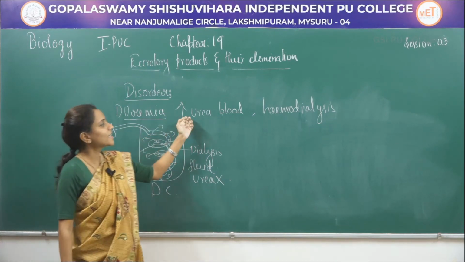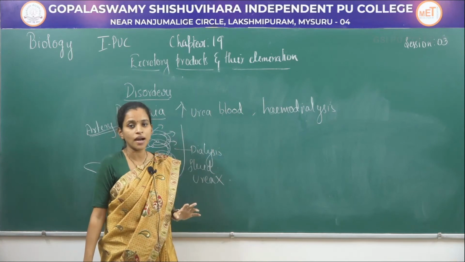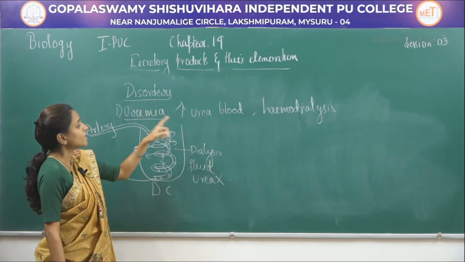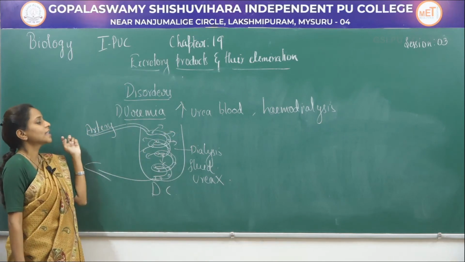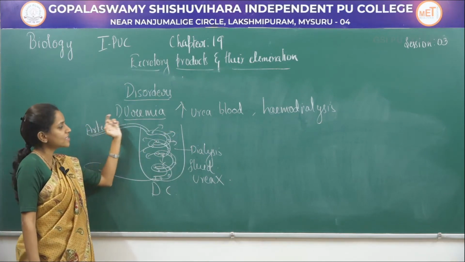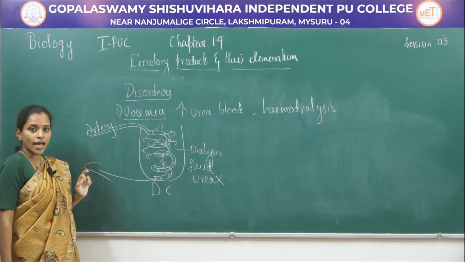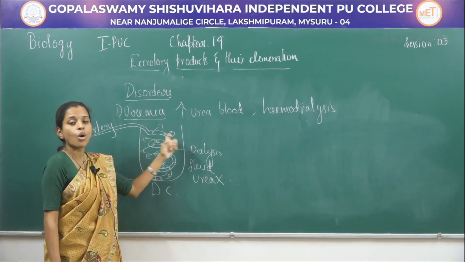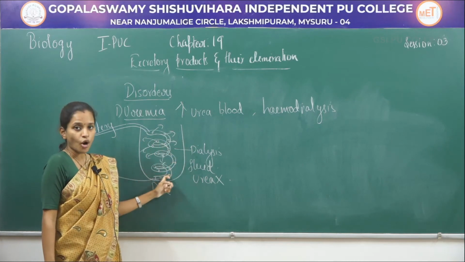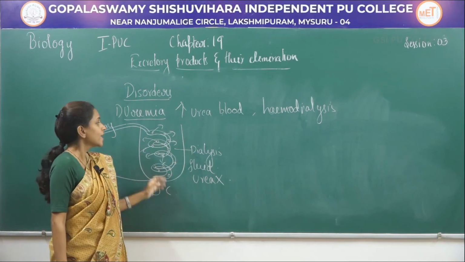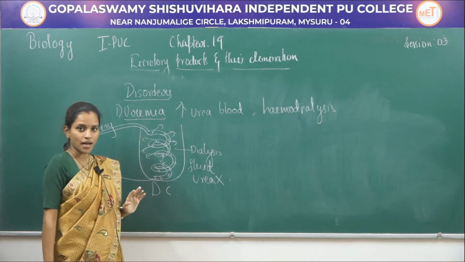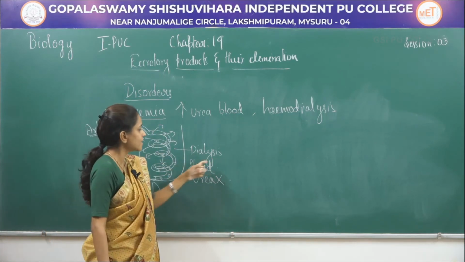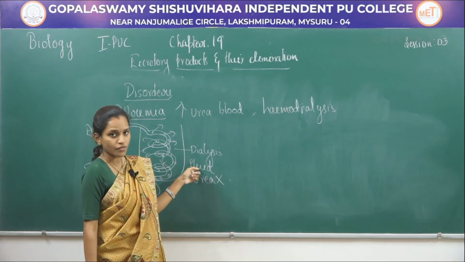Uremia means an increased level of urea in the blood, which can be treated through hemodialysis. In the process of hemodialysis, the blood from the artery is transferred into the dialysis chamber, which contains a coiled porous cellophane tube within which the blood will be passing. This whole setup is placed in the chamber containing dialysis fluid.